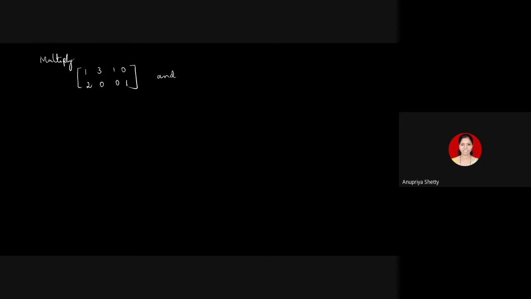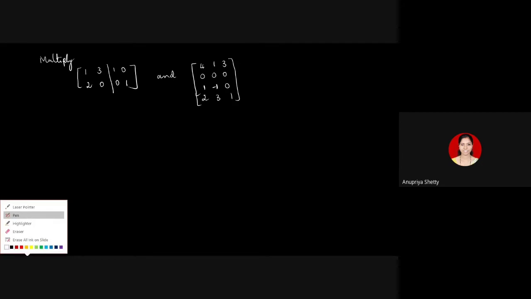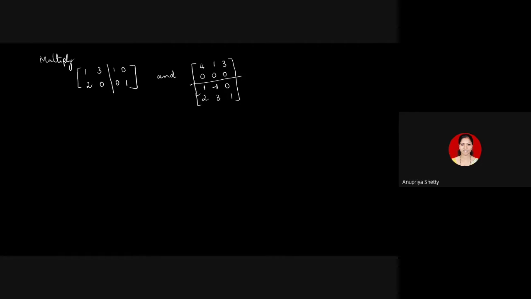I myself give you the blocks. 4 1 3 0 0 0 1, minus 1, 0 2 3 1. Here, if I have made a separation after two columns, here I have to make it after two rows. So multiply these two using block multiplication.